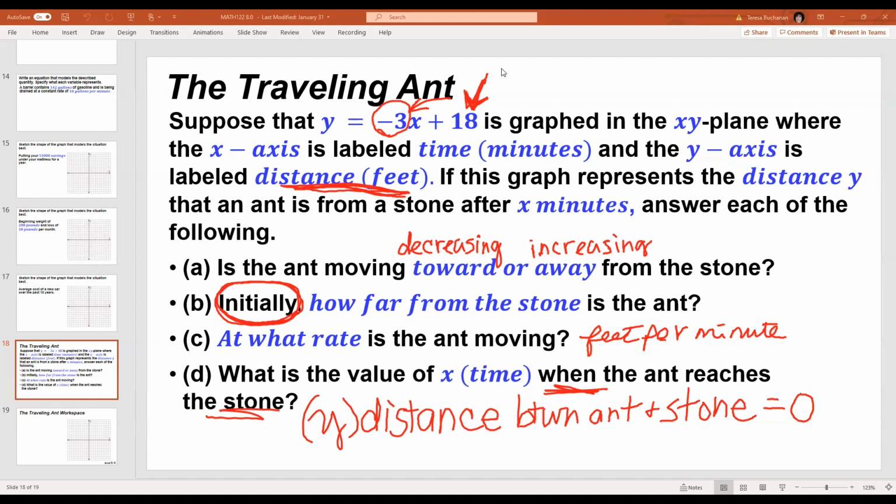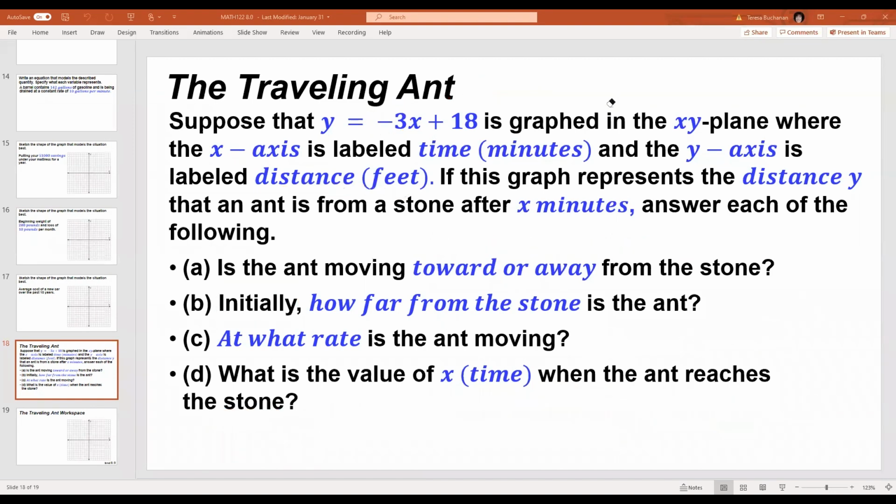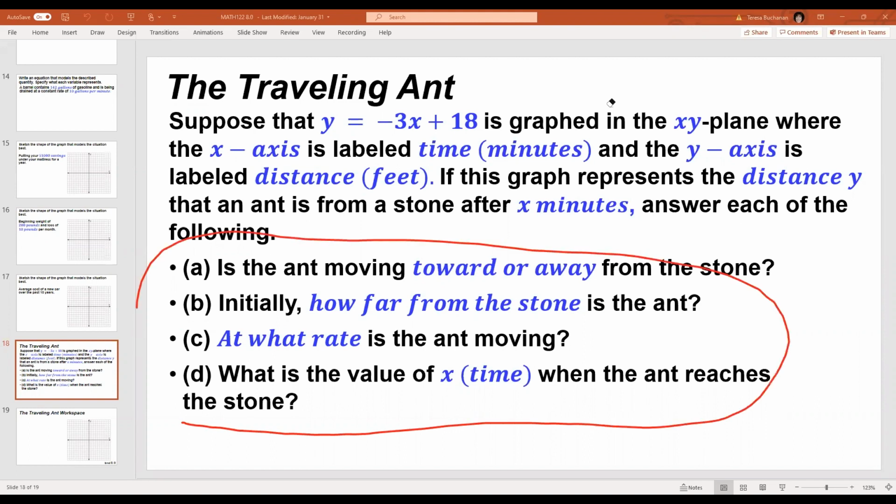So I'm going to clear this and ask you, of course, you can always reboot the video, go back a few seconds if you need to see something further. But I'm going to ask you to answer all of those on the blank slide on that next page.